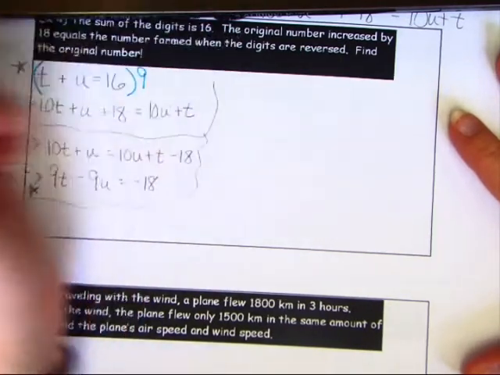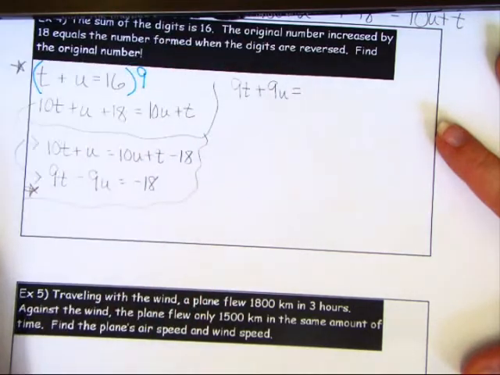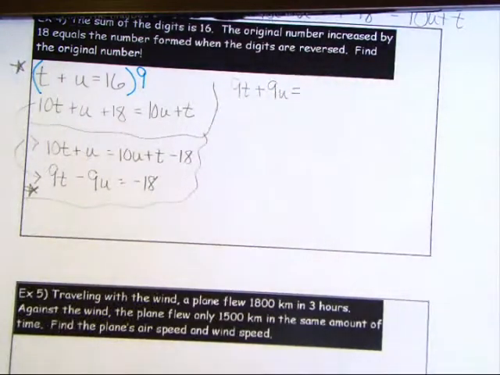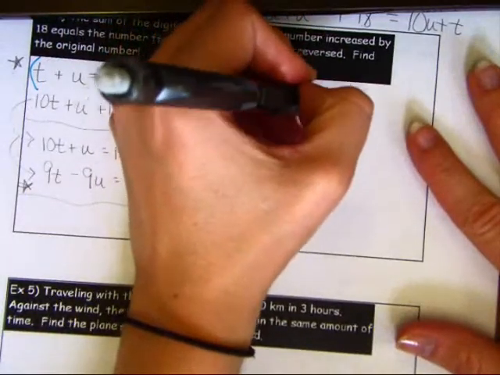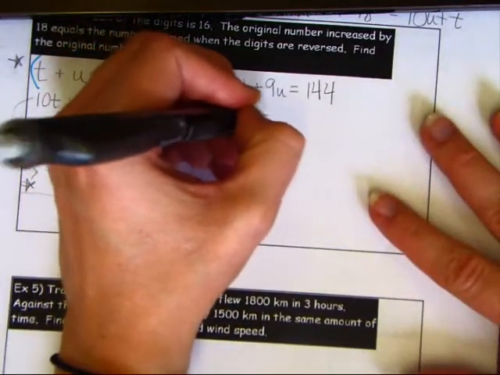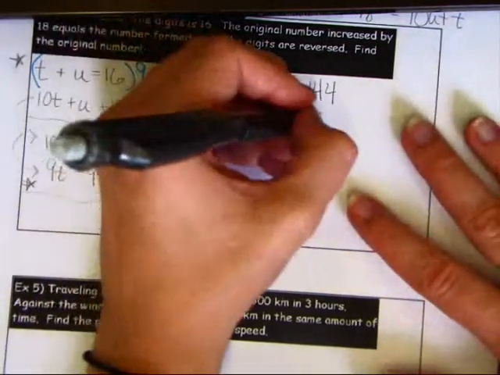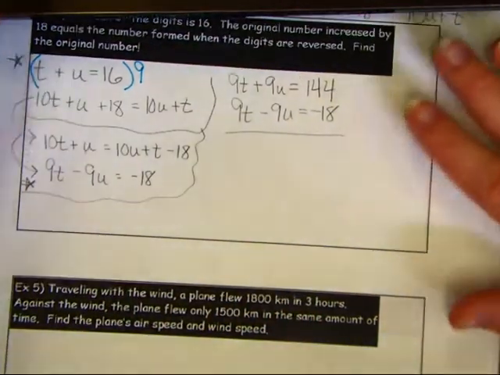So on the top I get 9t plus 9u equals, well, 9 times 16 is something very big. You get 144. I should have known. And the bottom equation is still the same: 9t minus 9u equals negative 18. I didn't change the bottom one, I multiplied the top one by 9.